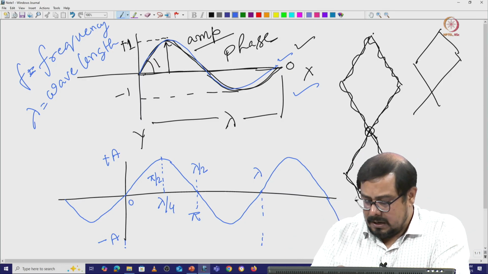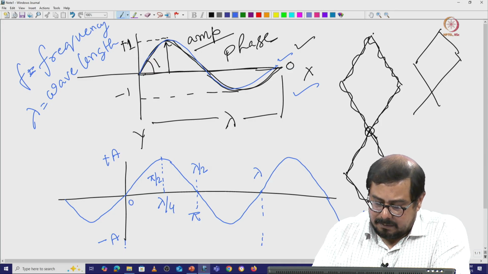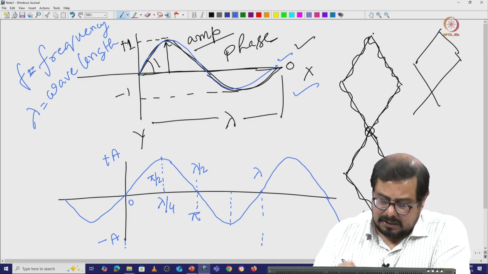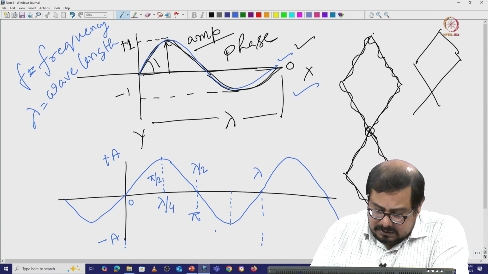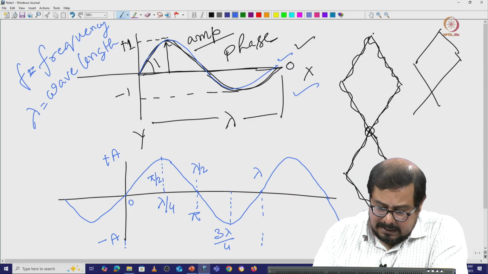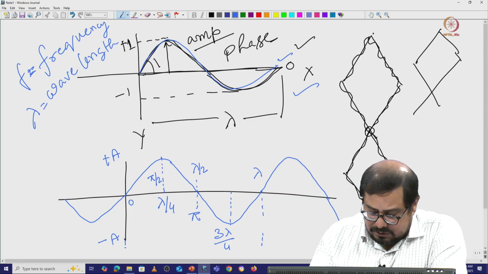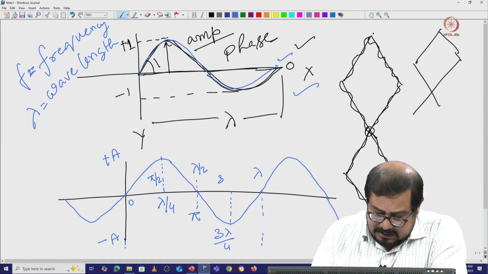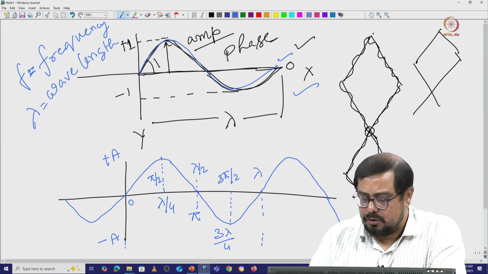Now the next one is lambda by 2. Then what about this particular point? In this point we can see we have a negative amplitude. So this is 3 lambda by 4, and angle wise this will be 3 pi by 2.